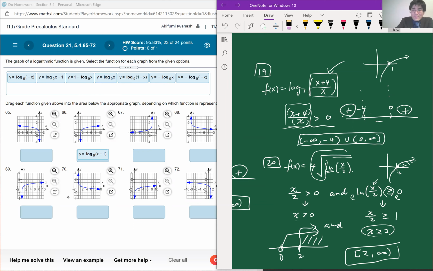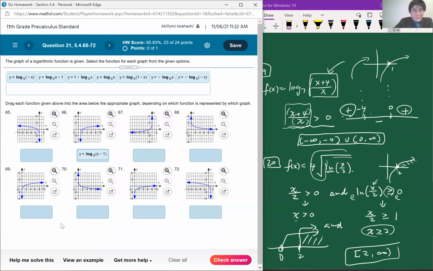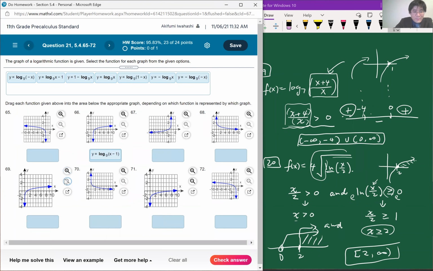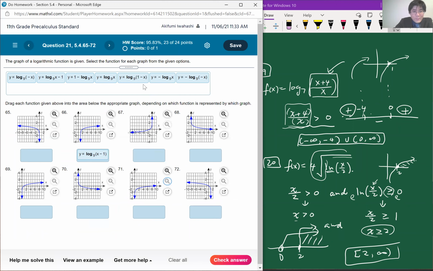So I'm looking for the graph in this direction with the y-axis as a vertical asymptote and x-intercept equal to 1. Looking at this direction, the choices are either 71 or 69, but 71 has an x-intercept at 9 or 8, while this one has an x-intercept at 1, right? So this one should go through here.